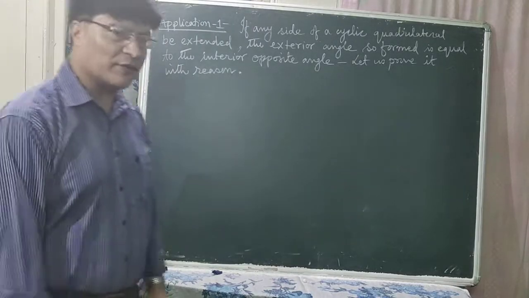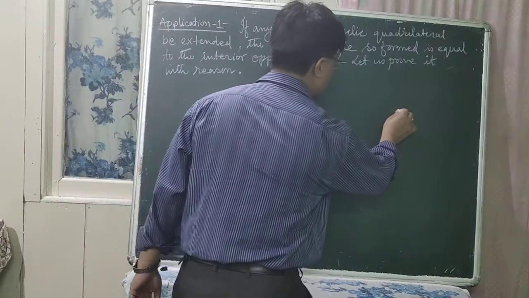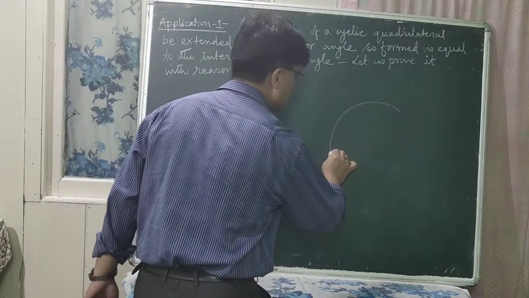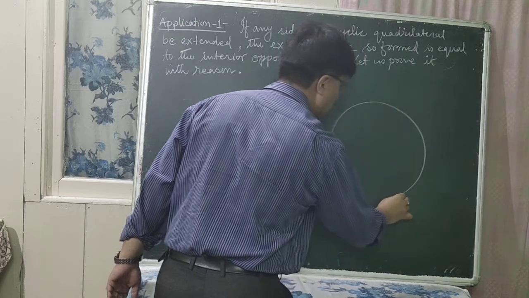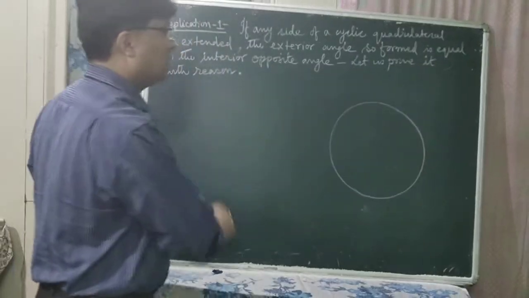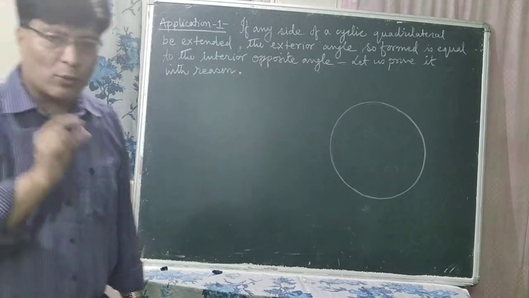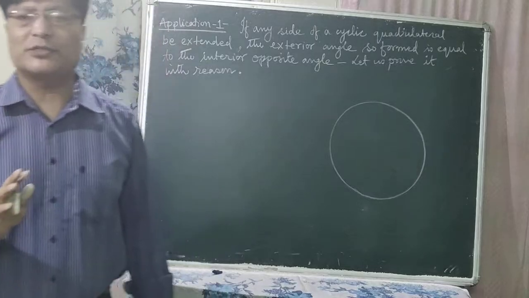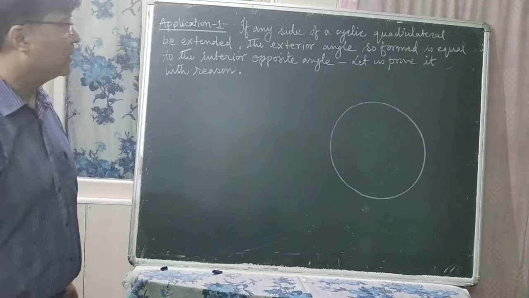So let us draw the figure and then try to understand it. Again, a cyclic quadrilateral is there. You know cyclic quadrilateral now, right? What is a cyclic quadrilateral? A quadrilateral inscribed in a circle is known as a cyclic quadrilateral, right?